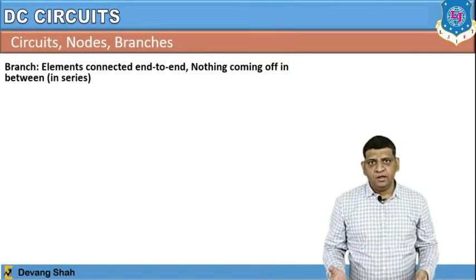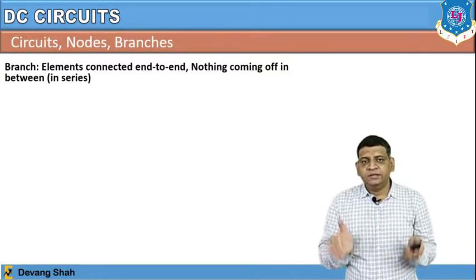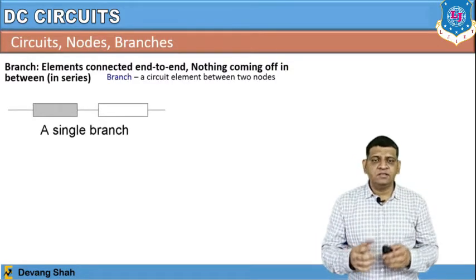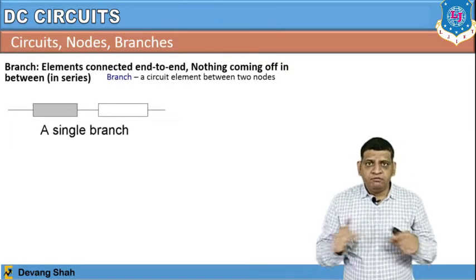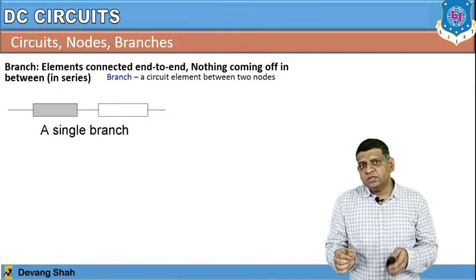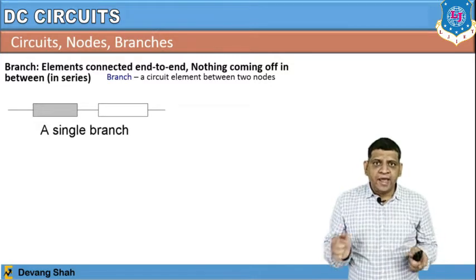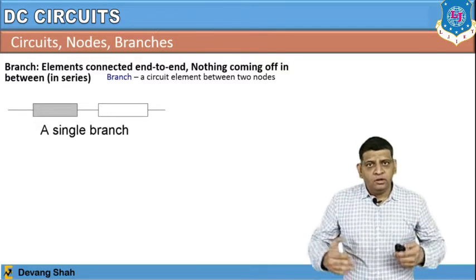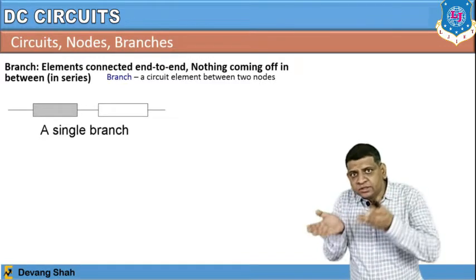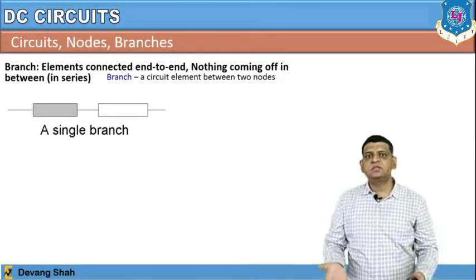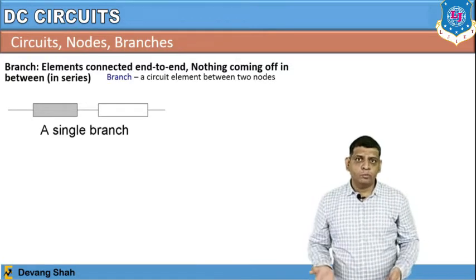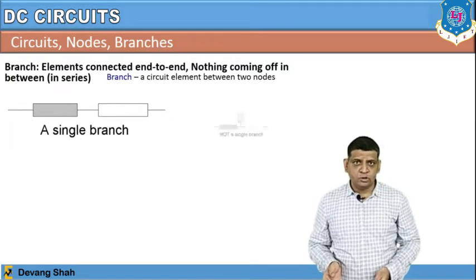In this diagram you can see a single branch where there is one wire and two components connected in series. Even if you consider one component, it has end points. Once you connect the end-to-end points of a component in a circuit, you define this as a branch, right? You can also add more components, and obviously this is a series combination.